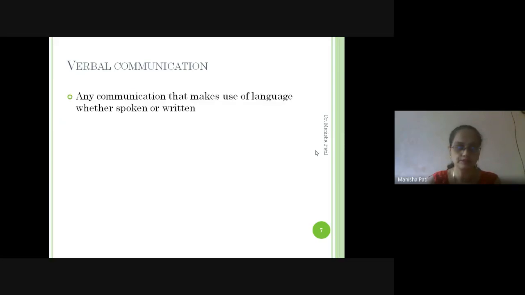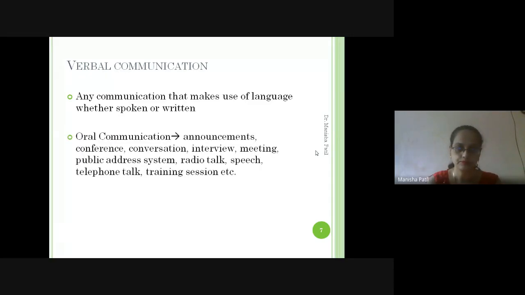Verbal communication. Any communication that makes use of language, whether spoken or written, is known as verbal communication. It includes oral communication.